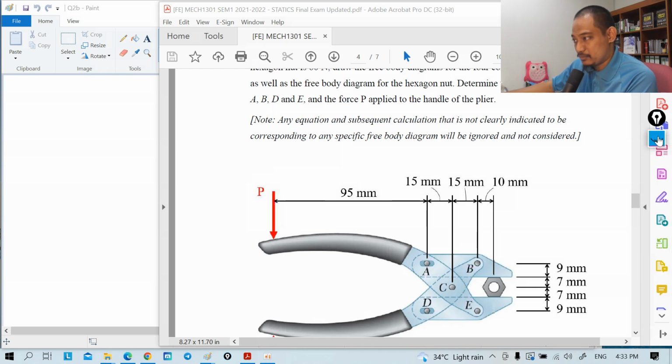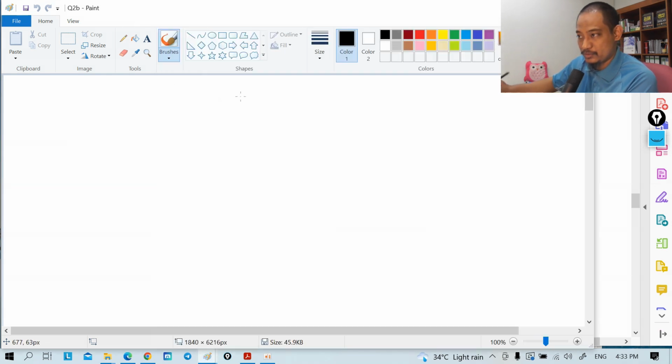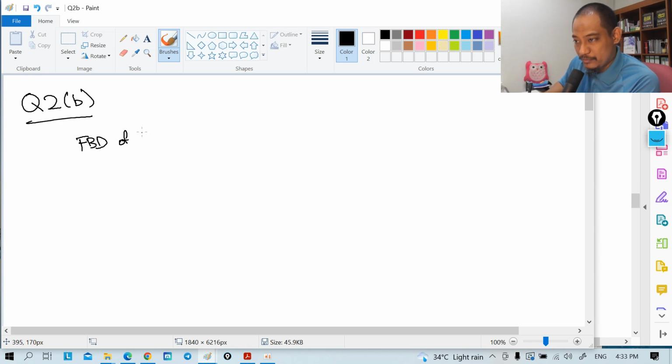Now, let's list down what we need. Question 2B. What we need is the free body diagram of the 4 members that is specifically mentioned.